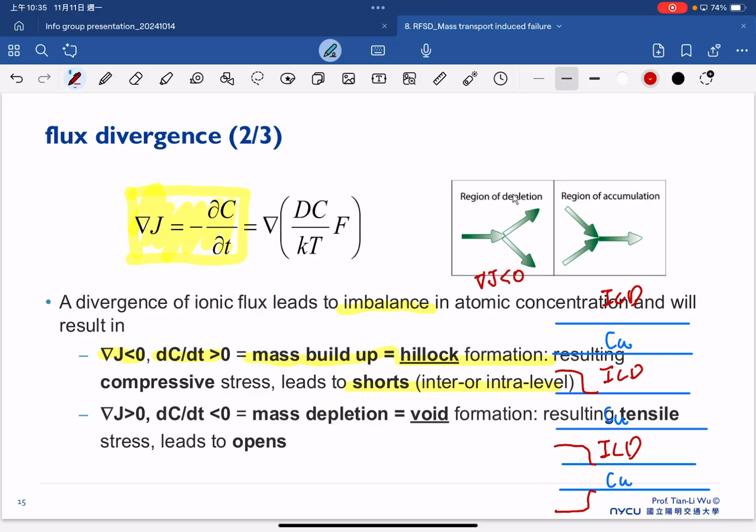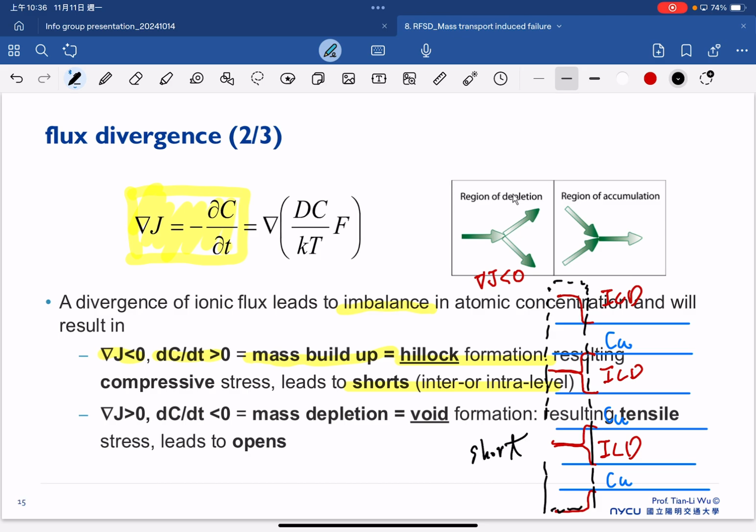You also have this. So now I hope you can understand why the short happens: this interconnection line is getting in touch with another interconnection line, because ideally we should have the ILD in between to isolate the signal. But unfortunately, because we have the accumulation of atoms in this region, this interconnection line is getting fatter, getting thicker. So this interconnection line is connected with another, and this one is connected with another. That's why we start to see the short in this region.